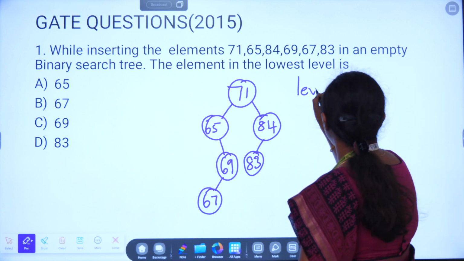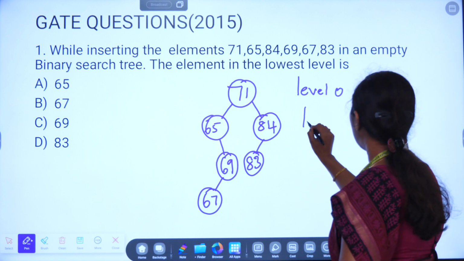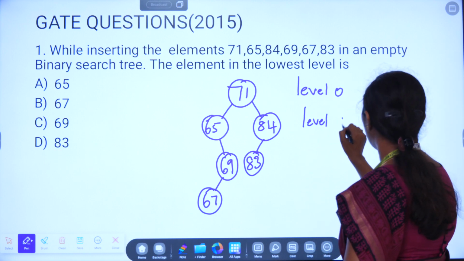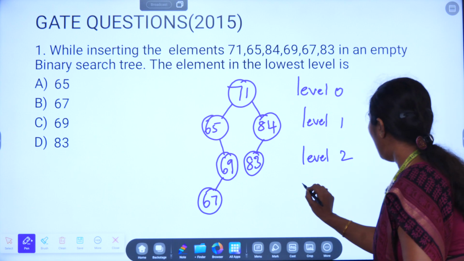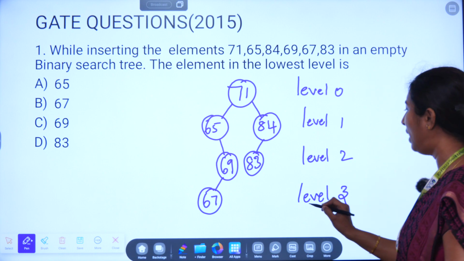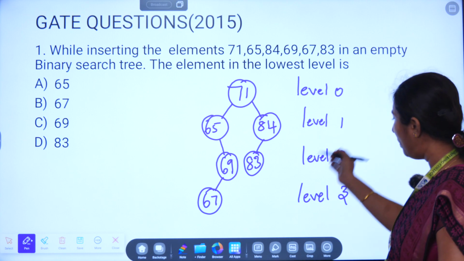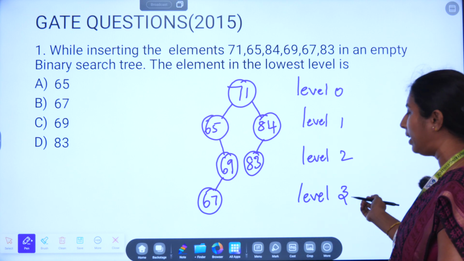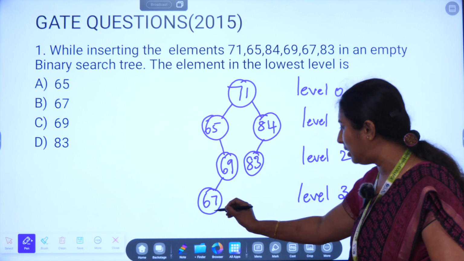The root node will be at level 0. The next level is level 1, the next level is level 2, and this is level 3. So the element in the lowest level is asked, and level 3 is the lowest one. The element over here in the lowest level is 67.